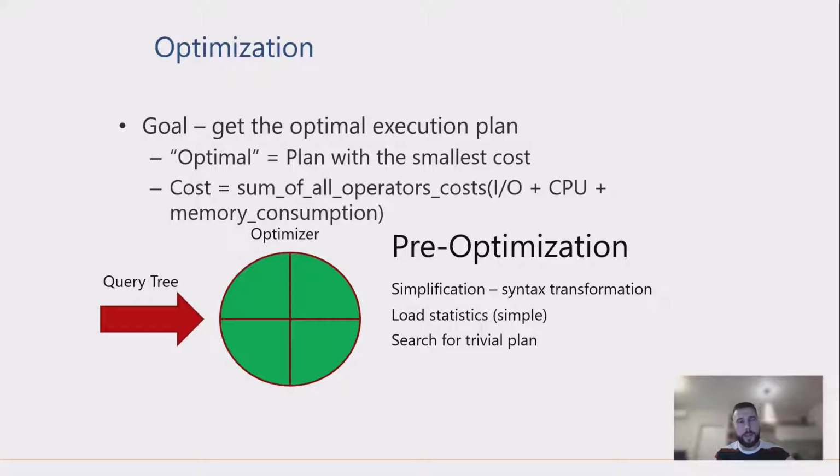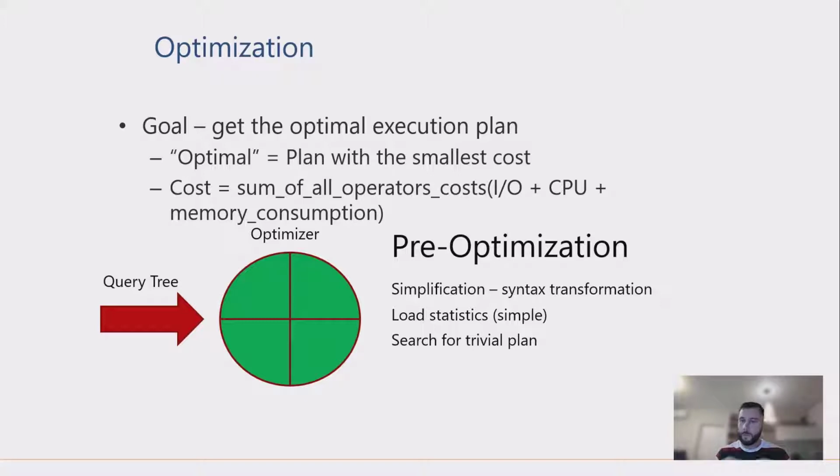And at this stage, SQL Server is trying to search for trivial plan. When SQL Server finds trivial plan, it means that there is obviously one best way to execute this query. There are not a lot of alternatives, and all alternatives are worse than this particular query plan. If SQL Server found the trivial plan, we are going to the execution stage right now.